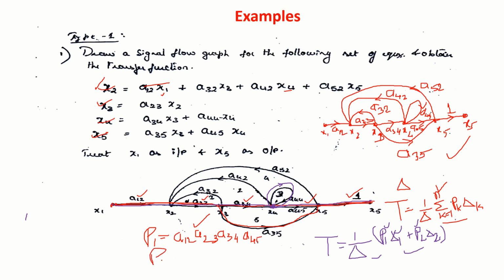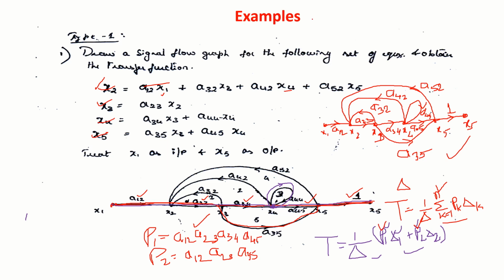Next P2, path gain of the second forward path: A12, A23, A35 into 1. So you have got P1 value, you have got P2 value.